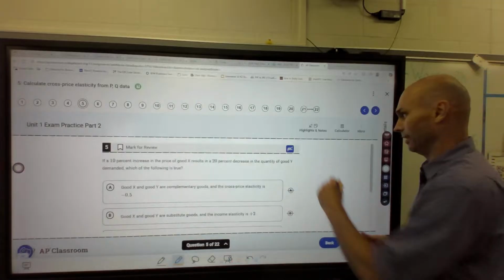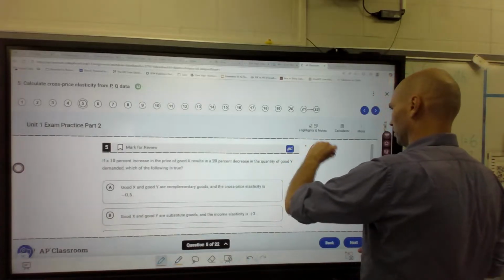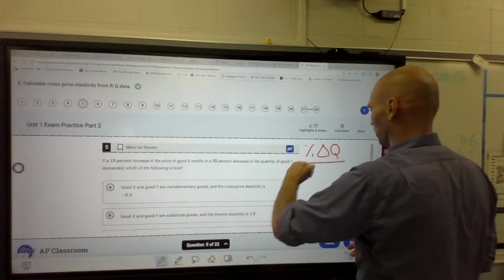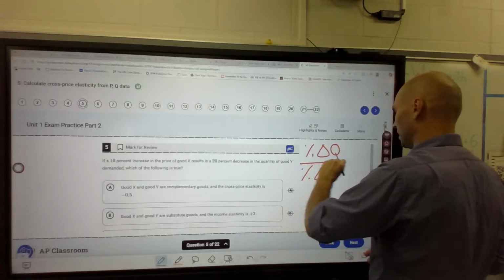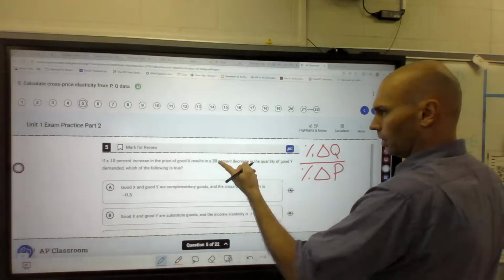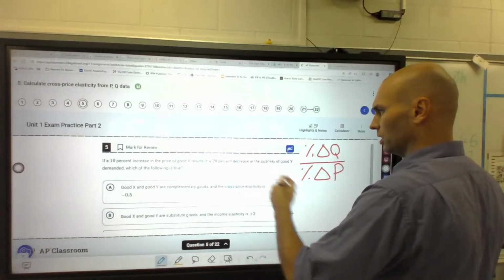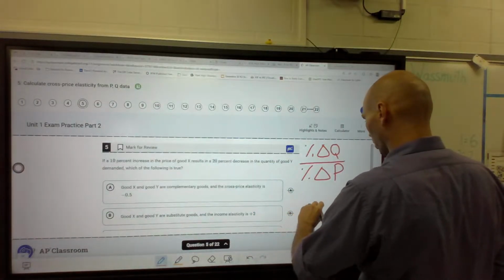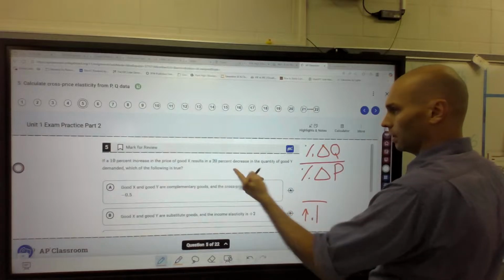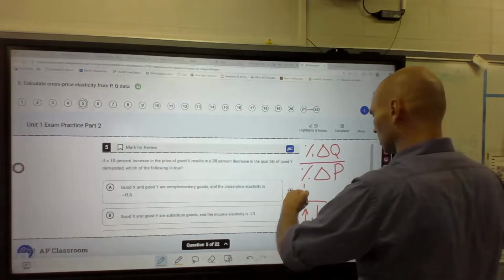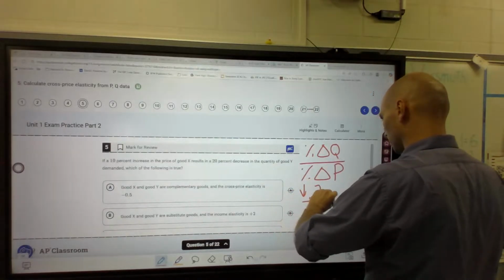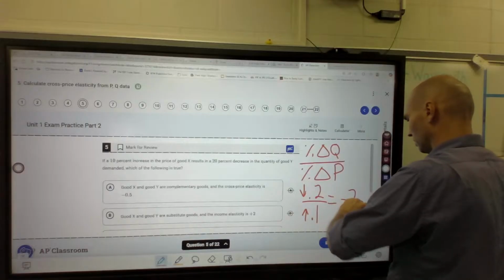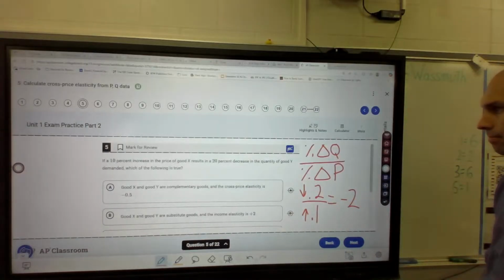It was percent delta Q over percent delta P. A 10% increase in the price of the good, so price goes up 0.1. 20% decrease in the quantity of the good. Which of the following is true?